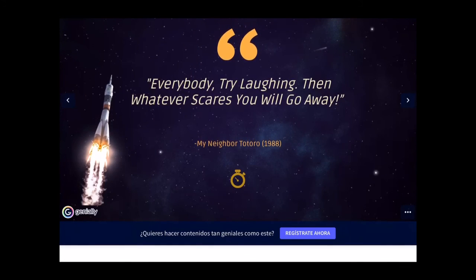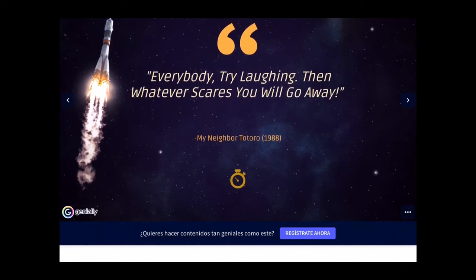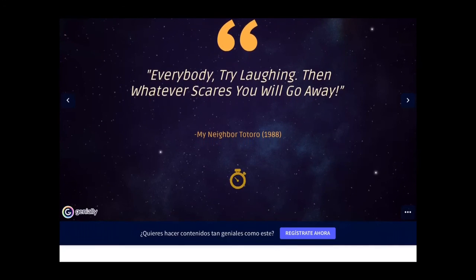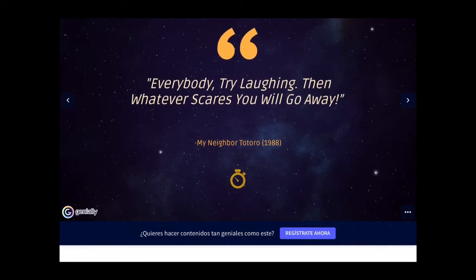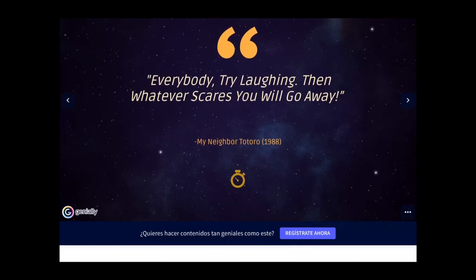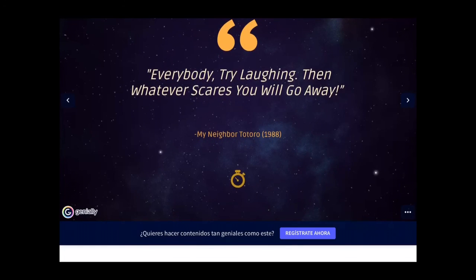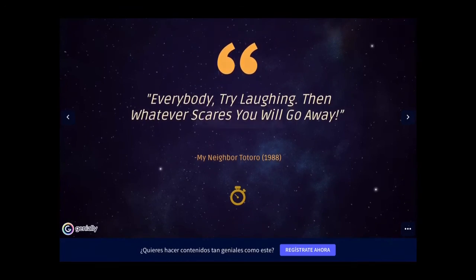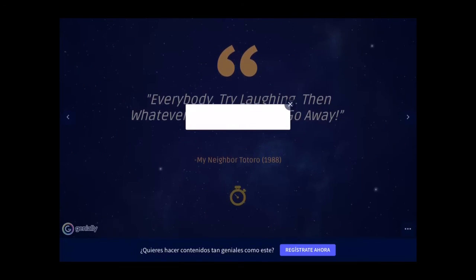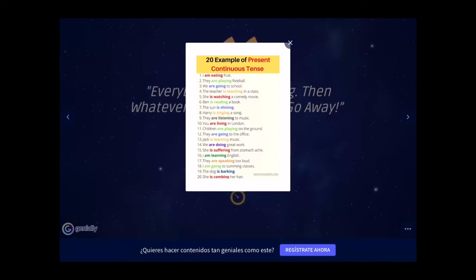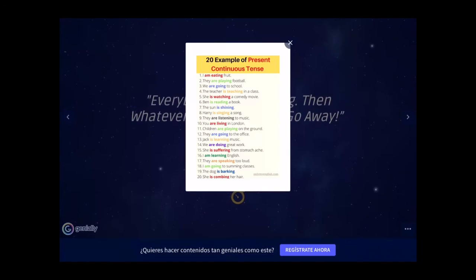There we have a phrase with a verb in present continuous, laughing, used from the movie My Neighbor Totoro. And we have more examples of the present continuous that I'm going to read.